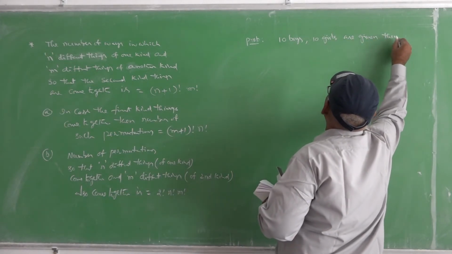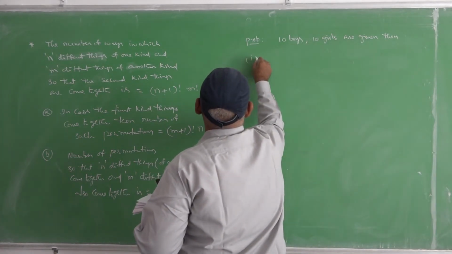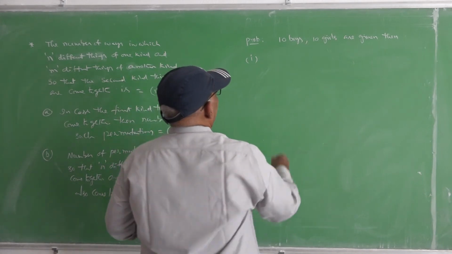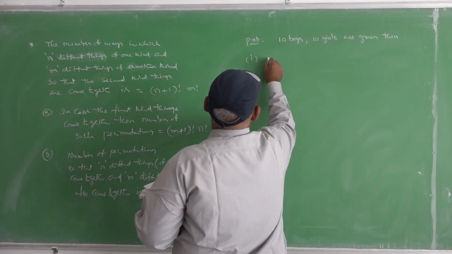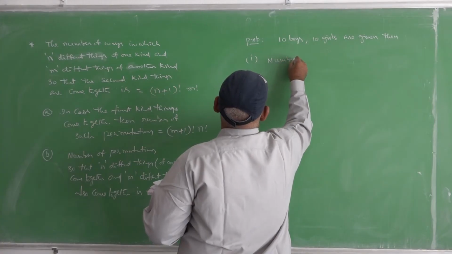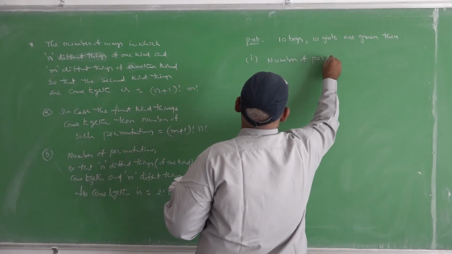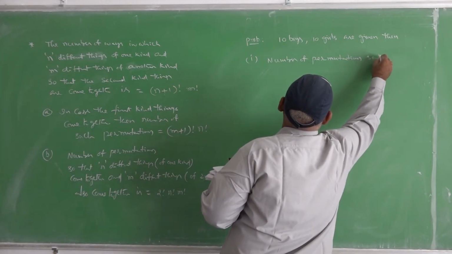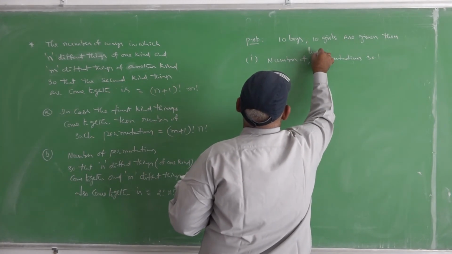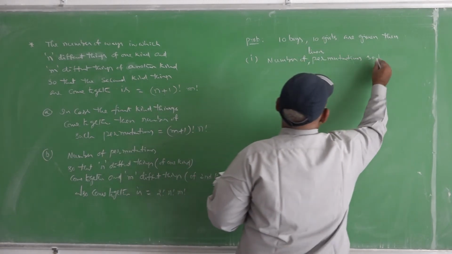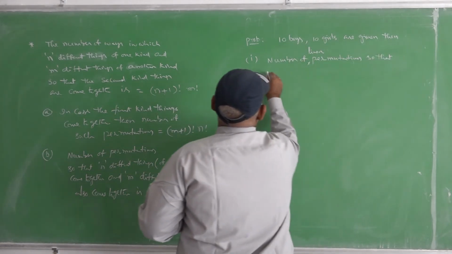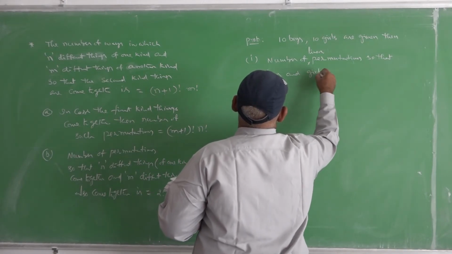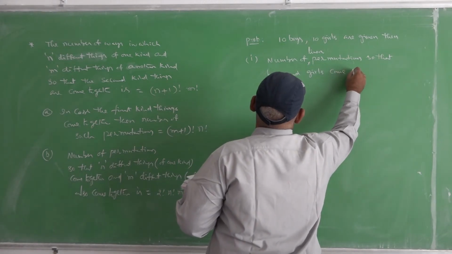Then number 1: the number of permutations, linear permutations of course, so that boys and girls come alternatively.